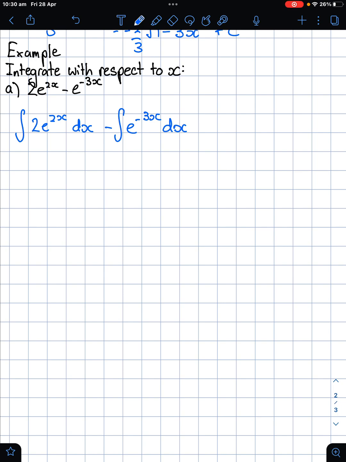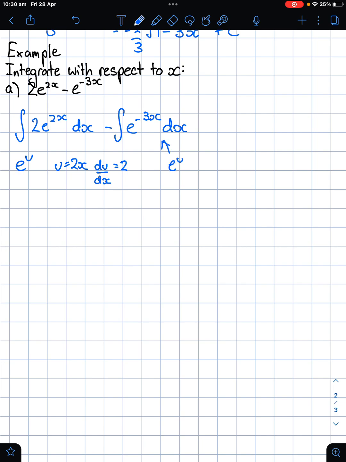So I'm looking at this and I'm going, well, if I consider e to the u, okay, u equals 2x, which means du/dx equals 2. Okay, same with this one here. I would have e to the u.